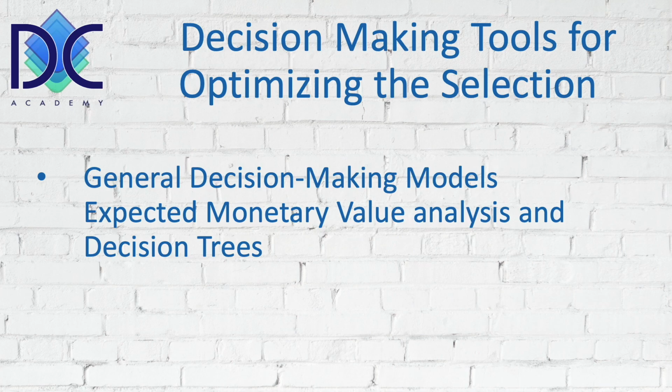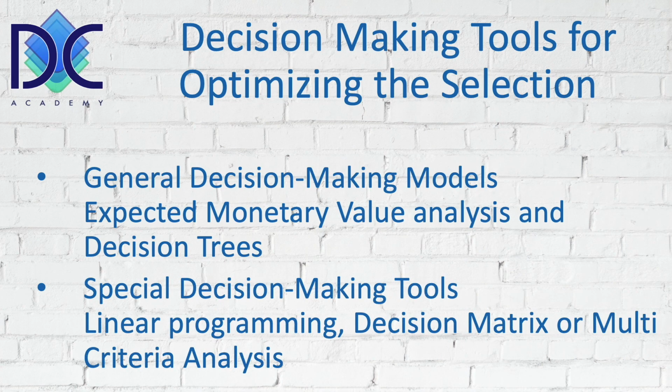On the other hand, there are also more complicated decision-making tools. One of them is, for example, linear programming, where we can optimize the number of projects to find the combination of projects that give us the highest return or the lowest cost.